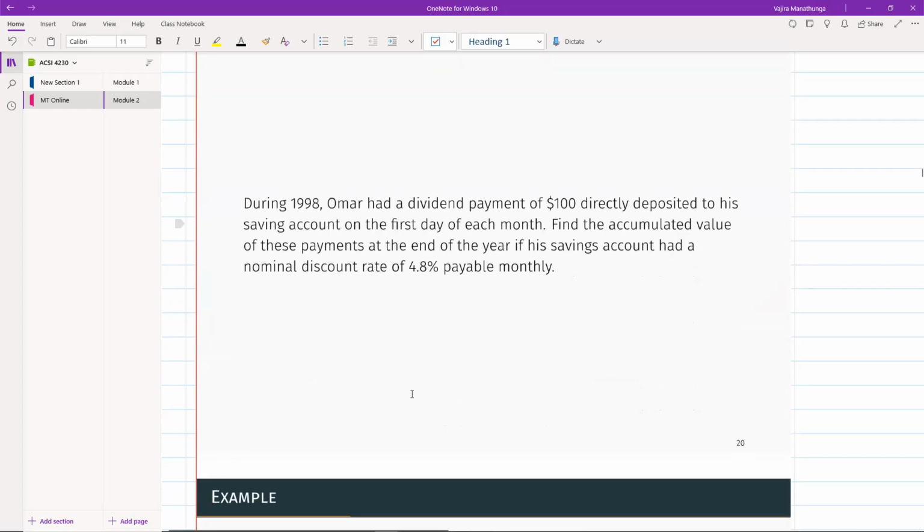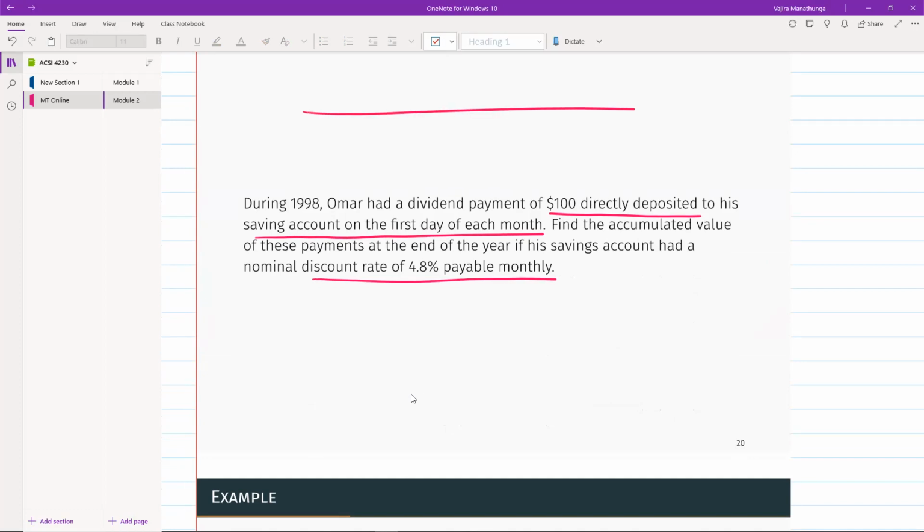Okay, so here is another question. During 1998, Omar had a dividend payment of 100 directly deposited to his savings account on the first day of each month. Find the accumulated value of this payment at the end of the year if his savings account had a nominal discount rate of 4.8 payable monthly. Okay, so 0, 1, 2, up to 12.